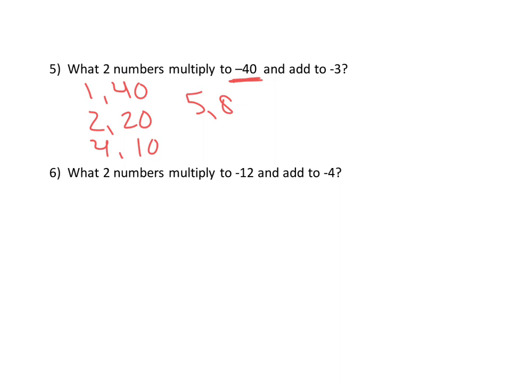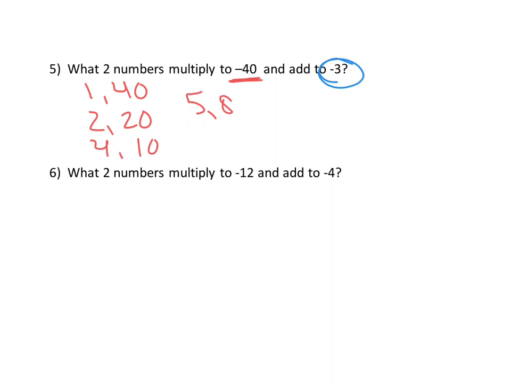Okay, but they have to add together to give us a negative as well. So if they're multiplying to give us a negative, that means our signs have to be different. So we want a negative 3. So we've got to have different signs. So we're basically saying which pair can we subtract to get us 3?